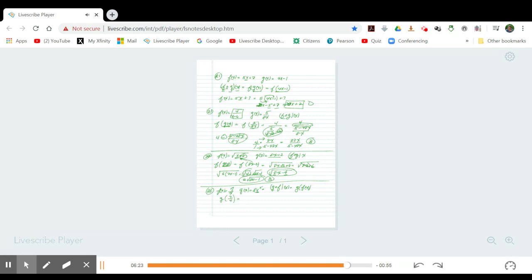So here where I see x in the g function, I'm going to substitute 7 over x. So 8 times 7 over x, all raised to the 5th power, or 8 over 1 times 7 to the 5th power over x to the 5th. We had it a minute ago, and that's equal to 16,807 over x to the 5th.